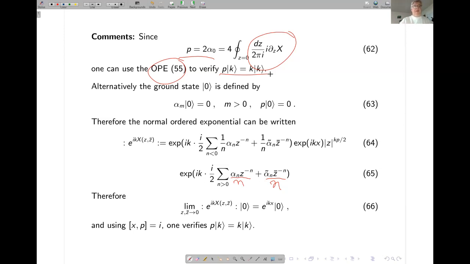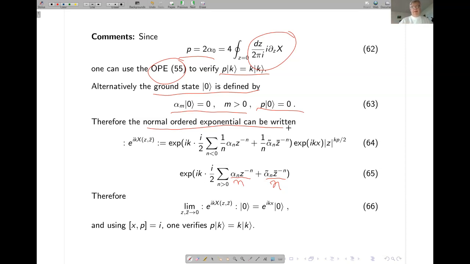So alternatively, it goes as such. We remember that the ground state is defined as being annihilated by the alphas with positive mode number m and by the operator p, the momentum operator. With this knowledge, we can write the normal ordered exponential explicitly using its alternative definition: put all annihilation operators to the right of all creation operators.